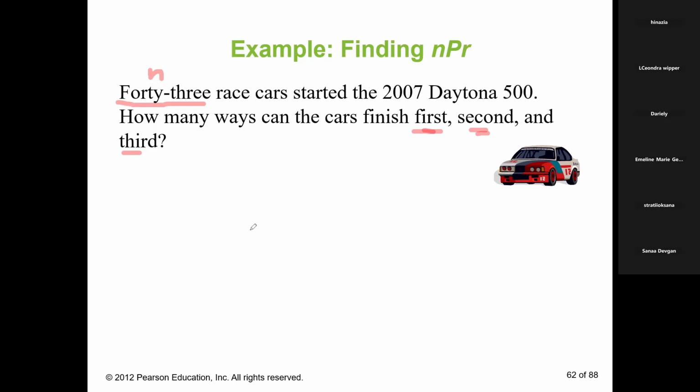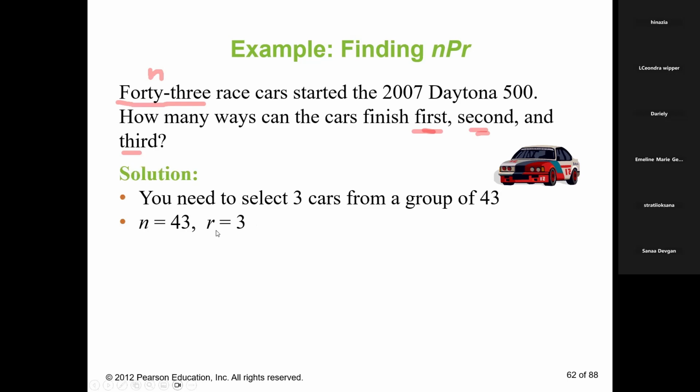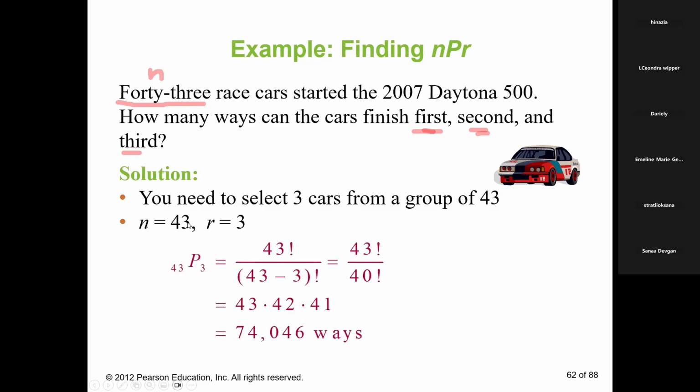Good. Now, n is 43. So you need to select 3 cars from a group of 43. Why do you use permutation? Because there is order. There is the first, there is second, there is the third. So here you have 43 cars, 3 taken at a time.